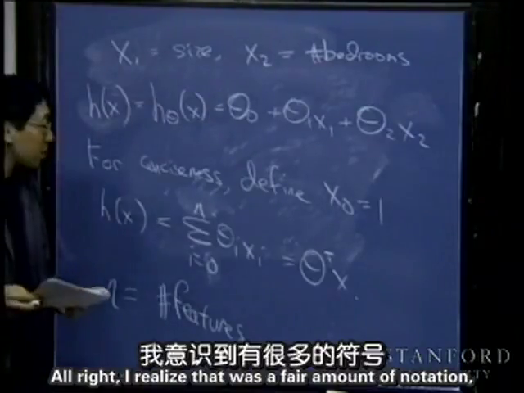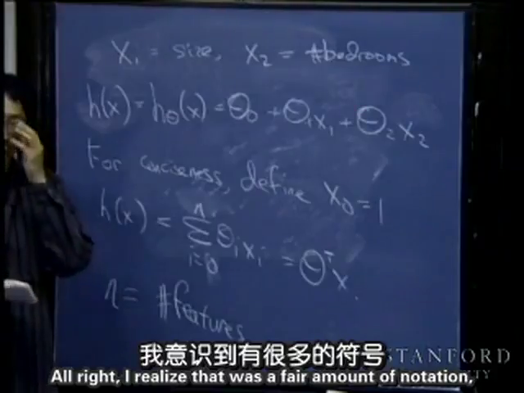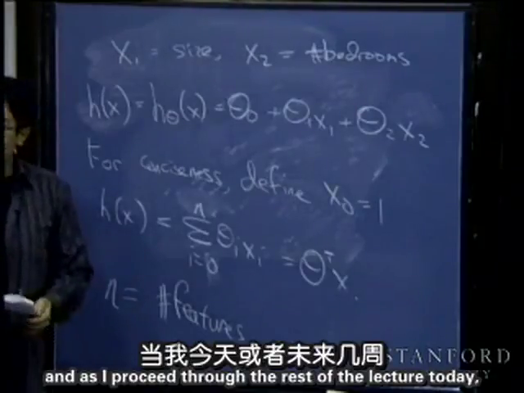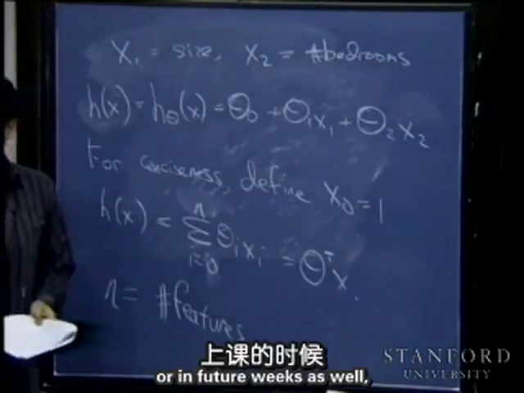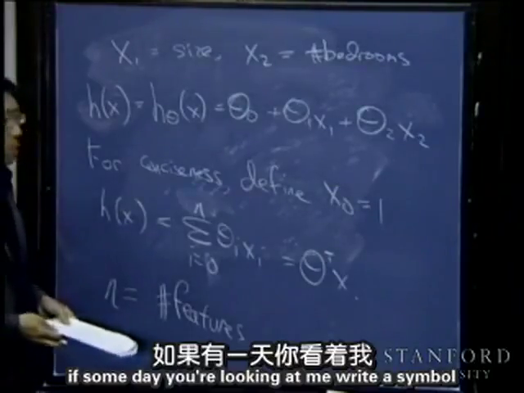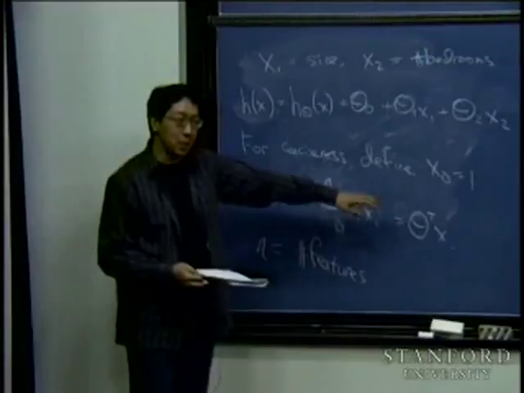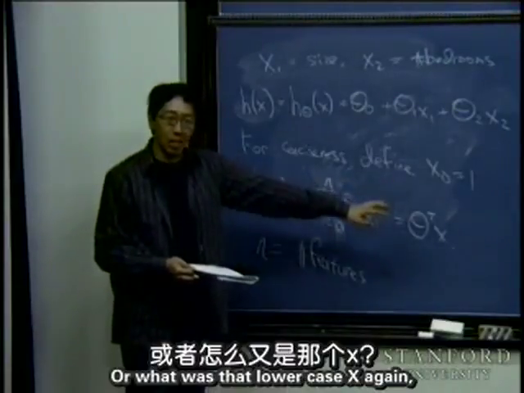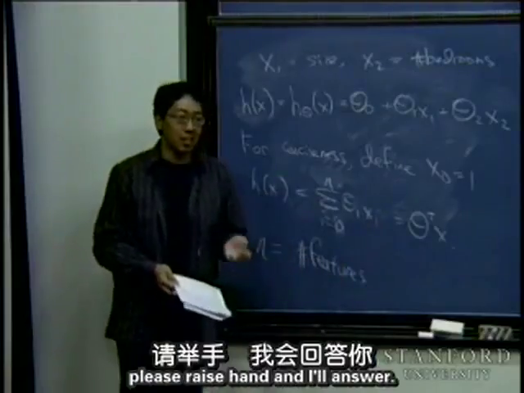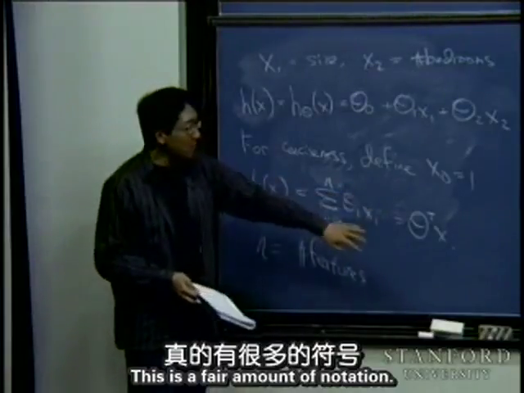All right. I realize there was a fair amount of notation. As I proceed through the rest of the lecture today, or in future weeks as well, if you're looking at me write a symbol and you're wondering, gee, what was that symbol lowercase n again, or what was that lowercase x again, please raise your hand and ask. This is a fair amount of notation.